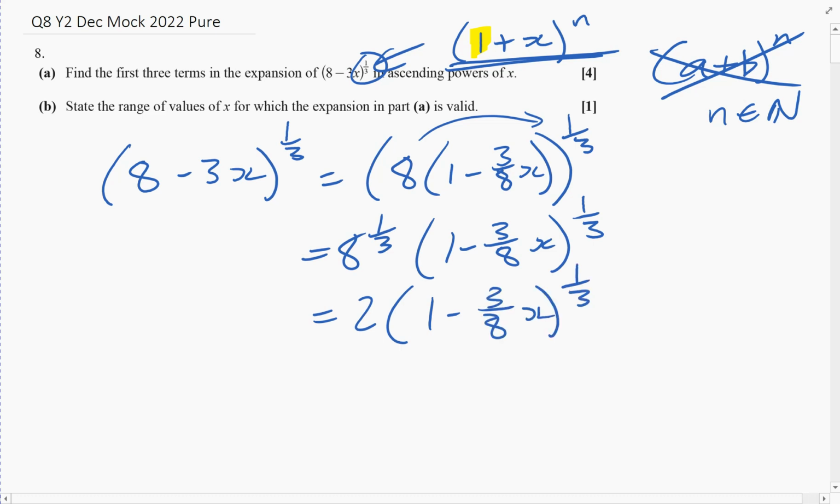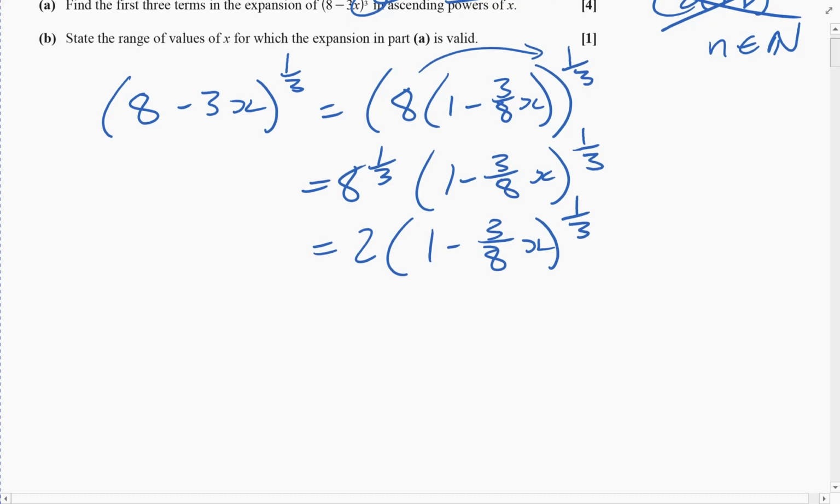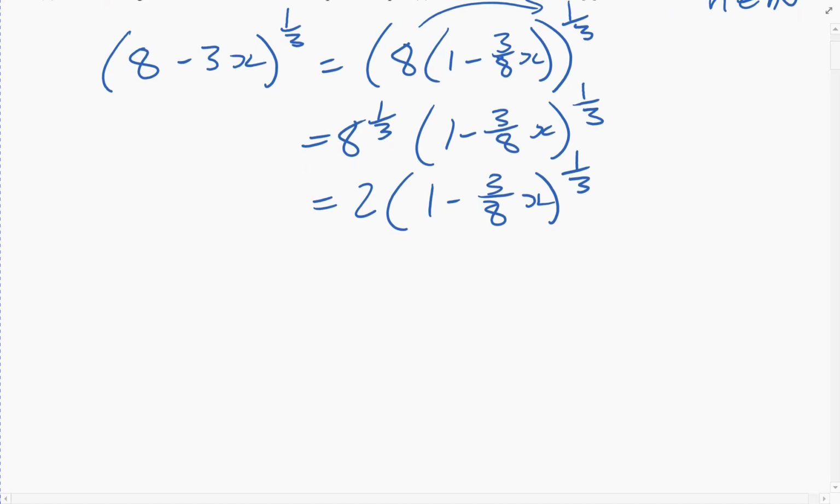Okay, so we've still not actually used the binomial expansion, but we can do that now because we have a 1 here. So we can ignore that 2 for a while and just do the binomial expansion.